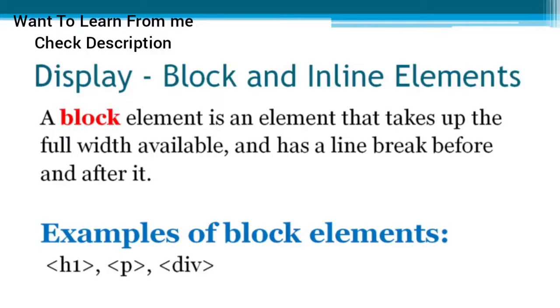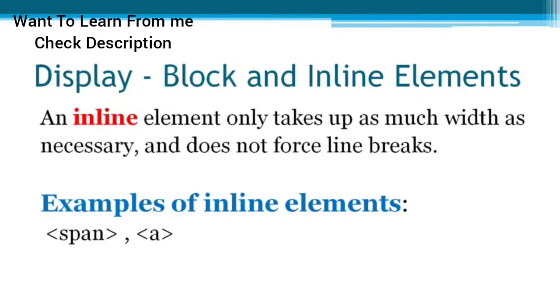In case we give another heading, it will be displayed in the line below it. Similarly for a paragraph also, if we give a paragraph, it will be displayed in the form of a paragraph, and in case there is another paragraph following it, it will be displayed after it in the next line, leaving a line break. So all those are examples of the block elements.